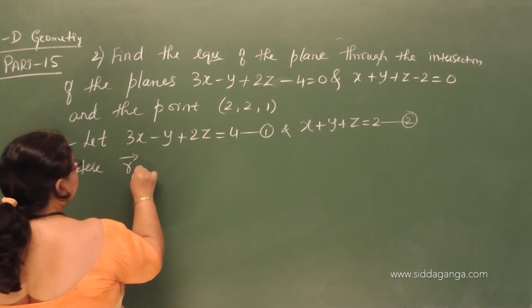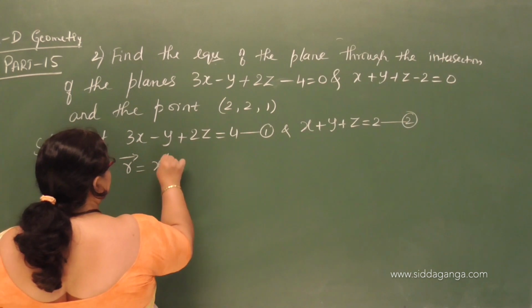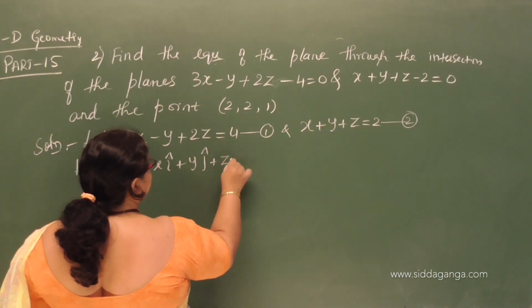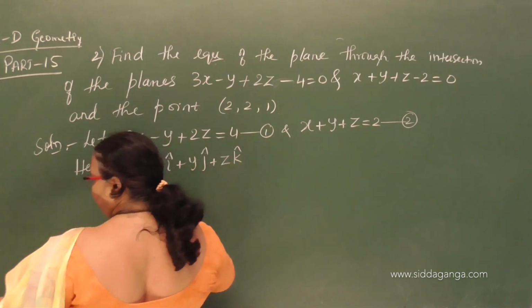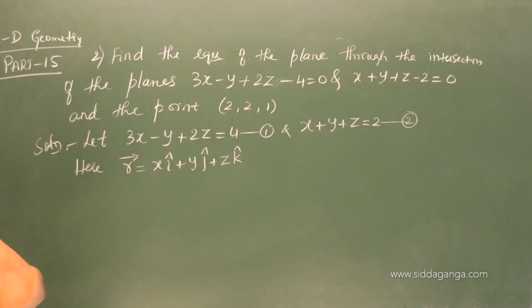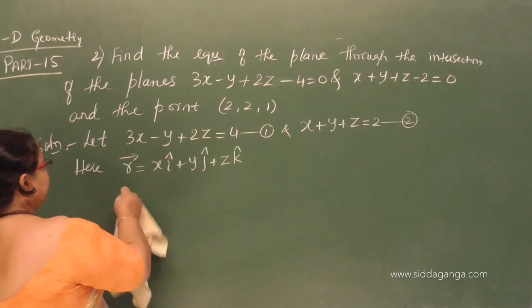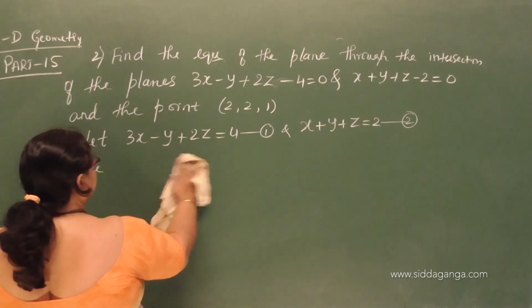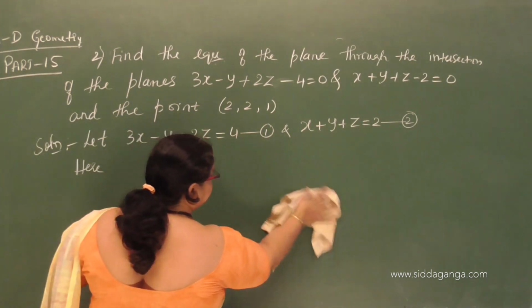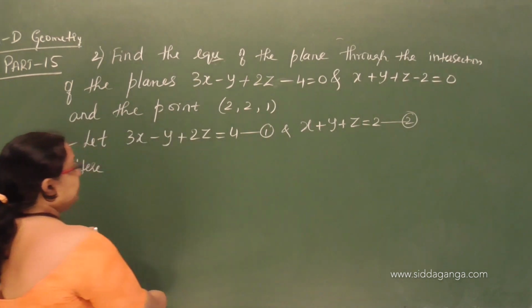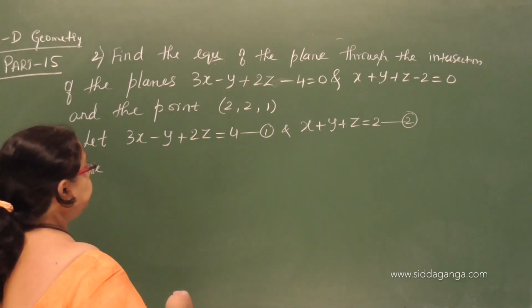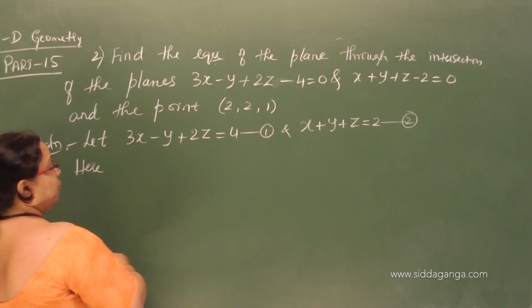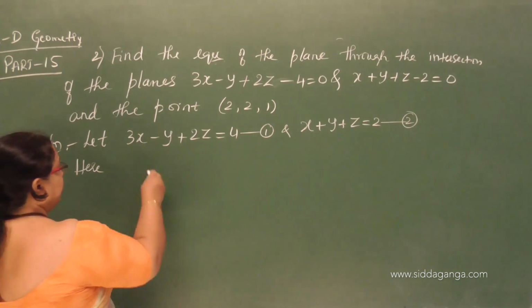Vector r equal to x into i cap plus y into j cap plus z into k cap.